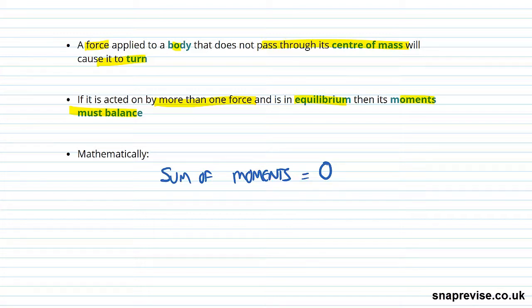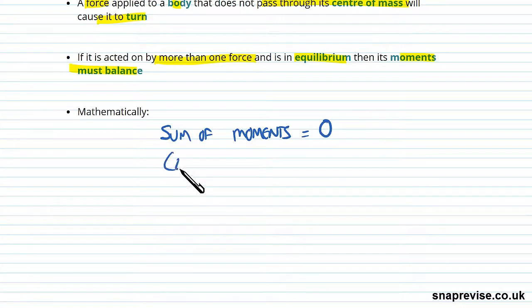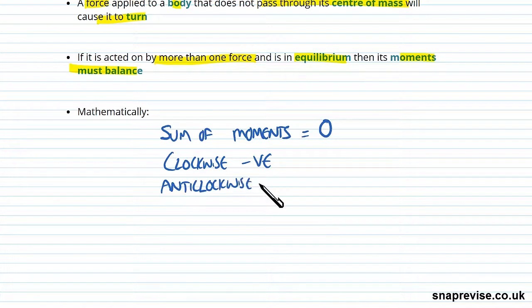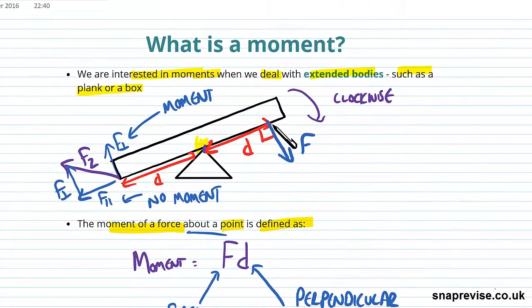We give the clockwise moments negative and anti-clockwise positive, and I'll just show you what that means up above. You can see here, this is a clockwise movement, and so it's negative.